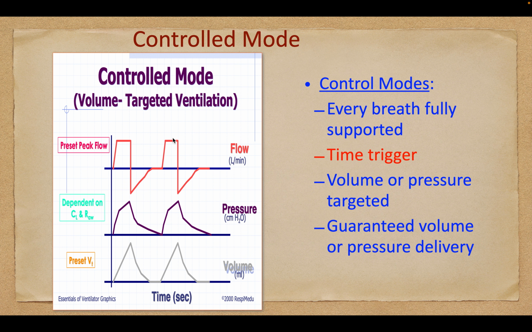Here there is flow versus time, and you could see a square shaped waveform in the flow. This is the pressure tracing, pressure versus time, and because it is volume targeted, the pressure can be variable. This is volume versus time, and there is a preset tidal volume. So this is how the control mode, the volume targeted ventilation, can look.